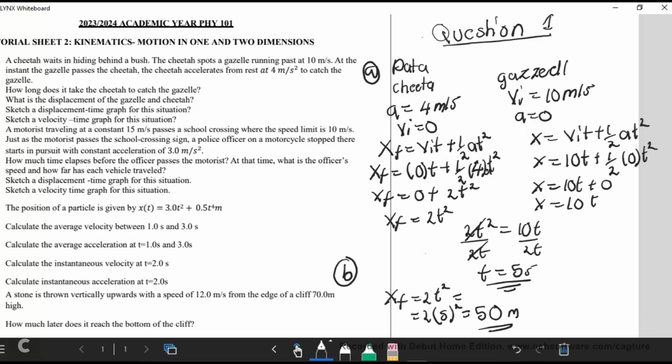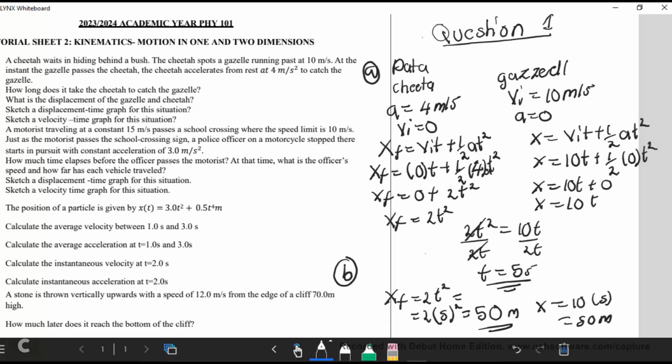So what is the displacement of the gazelle and the cheetah? It is 50 meters. Even if I use the other equation, it will still give me 50 meters. So again you find that it's 50 meters, meaning these two traveled 50 meters, like that.